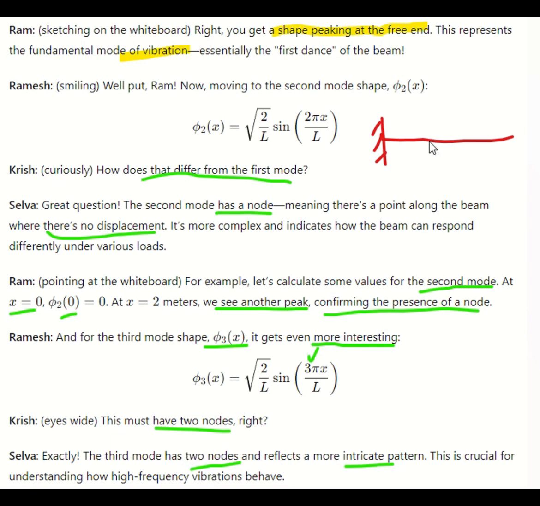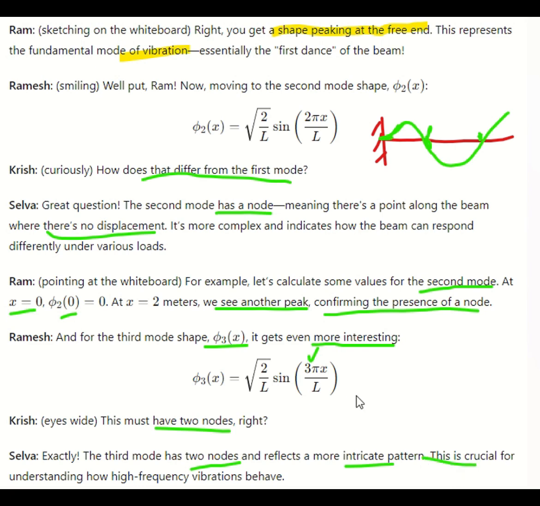So there is one node here and one node here. The displacement pattern will look like this. Here it becomes 0 displacement and 0 slope. Here one node, here another node. That's the third mode shape.